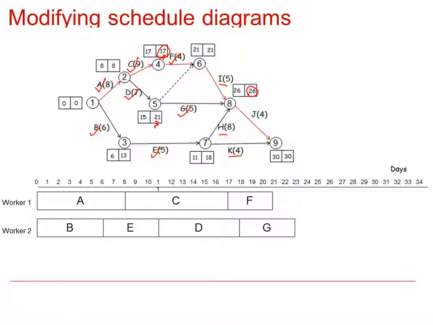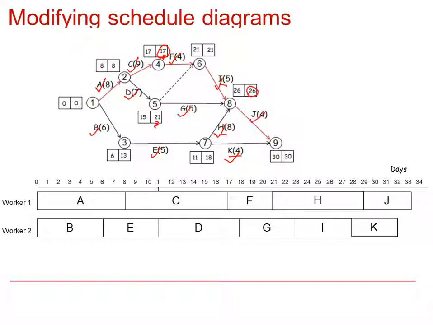So if we had assigned activity H to worker 1 instead, and then I to worker 2, I'm going to tick them off as I go this time, then worker 2 is available first and would do activity K, and worker 1 can now do activity J, and the whole project this time finishes on day 33, and this is only a 3-day delay. So out of the two options, this is the preferred option as it delays the project by 3 days instead of 5.